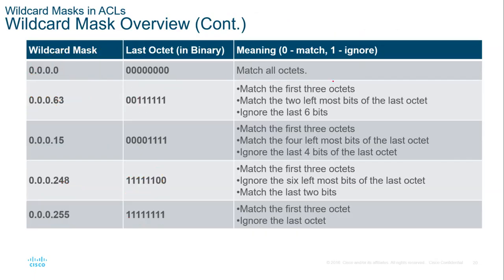So here, it's not supposed to be this. It's supposed to be 0.0.0.7, and this side would give us five zeros and then three ones, like this. So this is wrong.